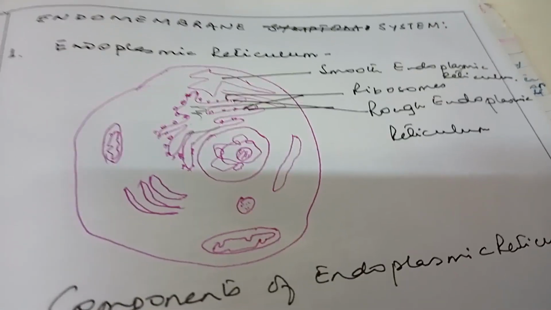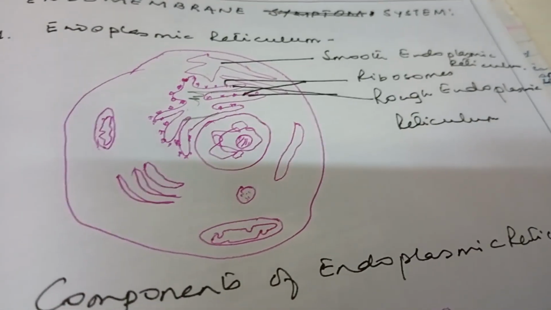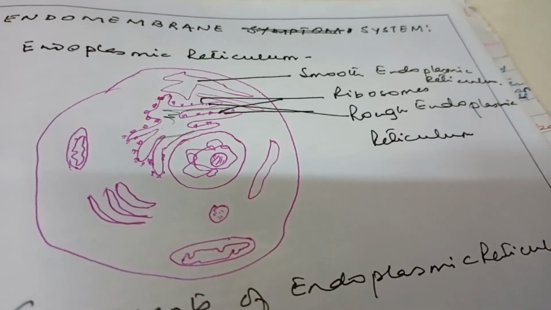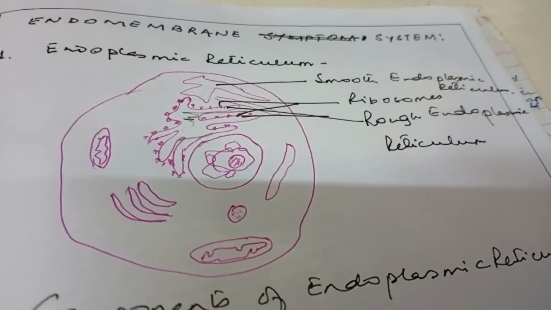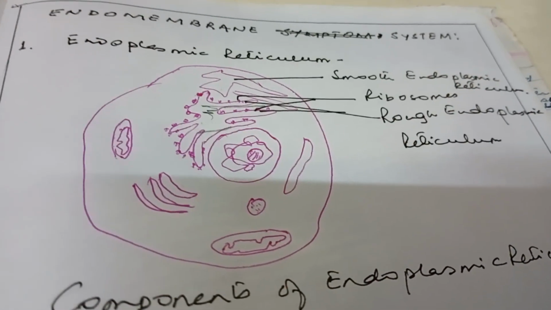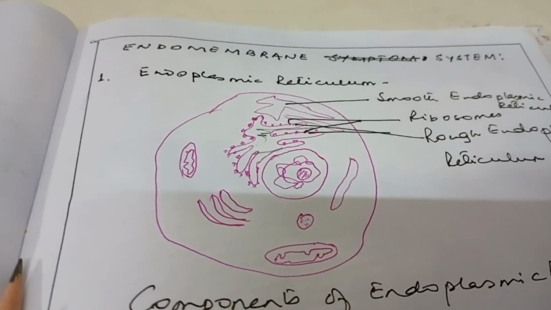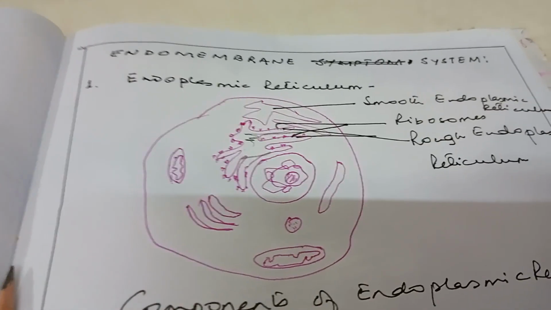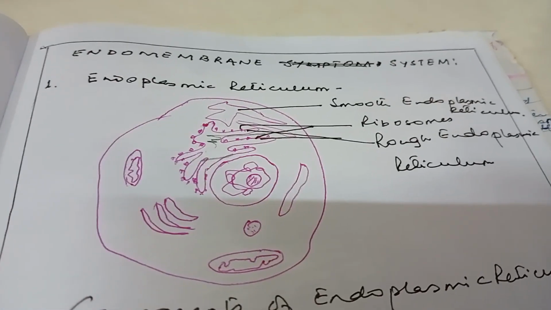Number 6, endoplasmic reticulum is associated with glycogenolysis, which helps in the liberation of glucose from the glycogen already stored in the cell.